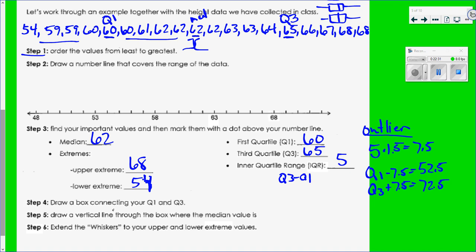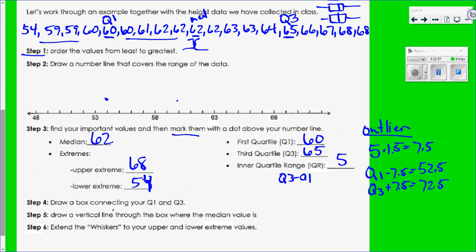Now, to actually make my box and whisker plot, it's really simple. All I need to do now is mark all of these with a dot above the number line. My lower extreme is 54. I put a dot. Make sure you draw your dot high enough that you have room to extend a box underneath it without getting to the number line. Okay? Then my next one is going to be my Q1. That's at 60.